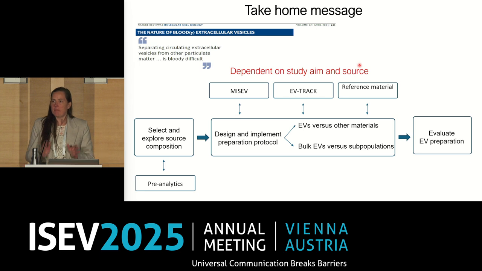Nevertheless, if you implement a stepwise approach of trying to understand what is the source I'm working with, what is the composition, then look which protocols would be able to combine to separate these different types of particles, combined with an in-depth evaluation of the EV preparation, will at least help you to understand what you're working with and make appropriate conclusions for your analysis.